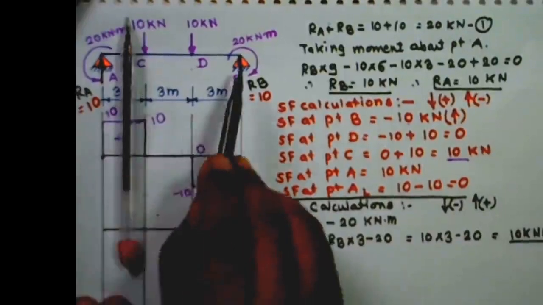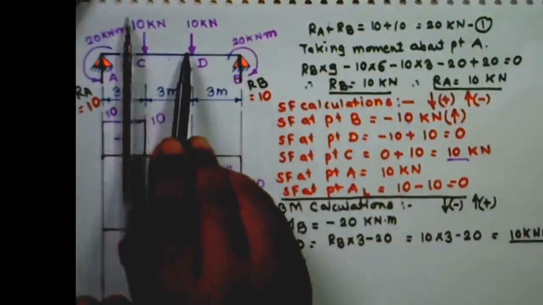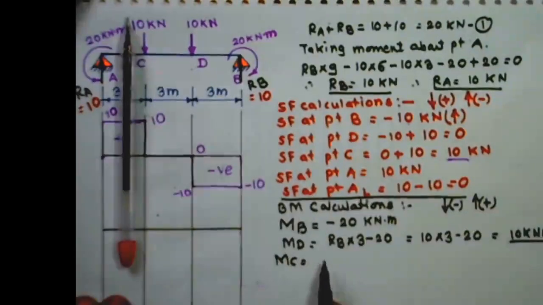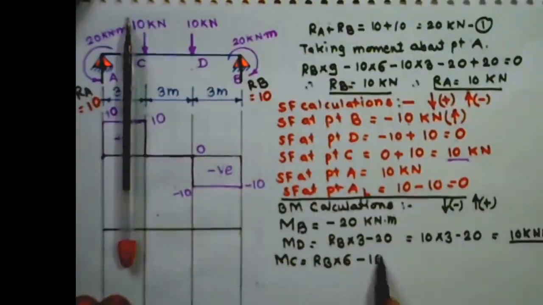At point C, again RB is acting, a 10 kilonewton force is acting, and a 20 kilonewton meter moment is acting. So again we see RB and its distance up to point C, which is 6. Next, the point load acting downward, 10 into its distance up to point C, which is 3 meter.